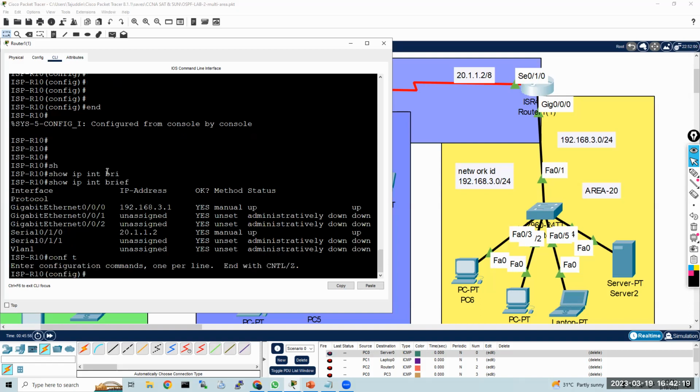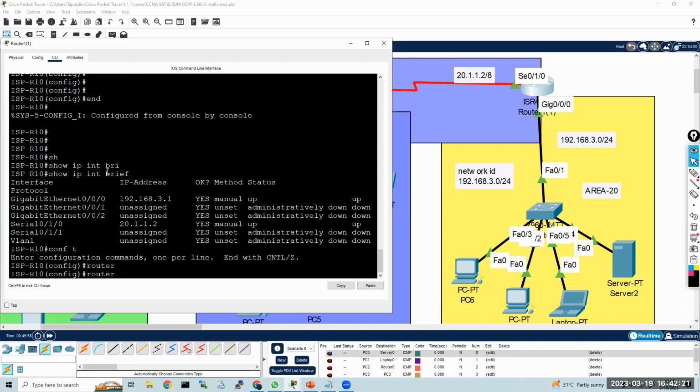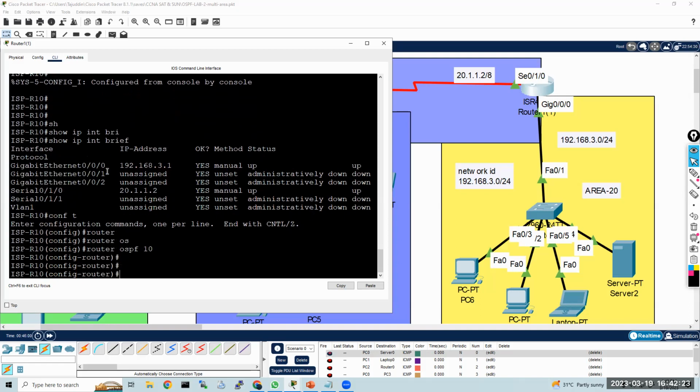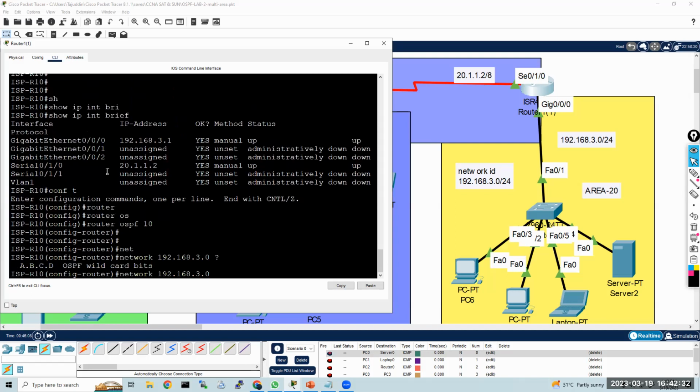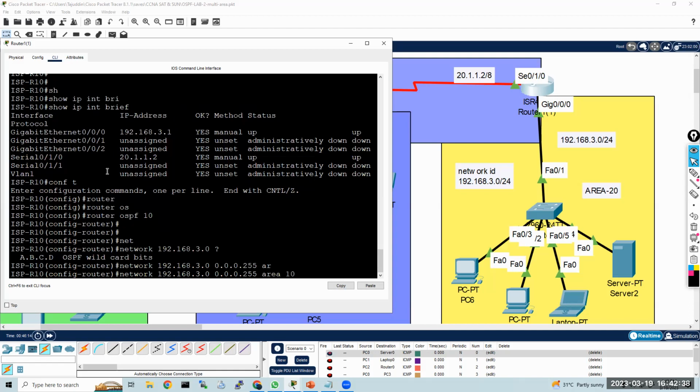Okay, go to global configuration mode. Router OSPF 10. Okay, network 192.168.3.0, wildcard mask 0.0.0.255. This is area 10, correct? Sorry, 20.